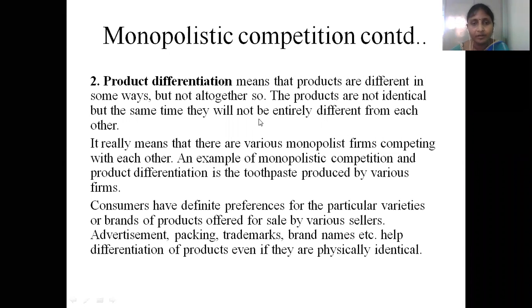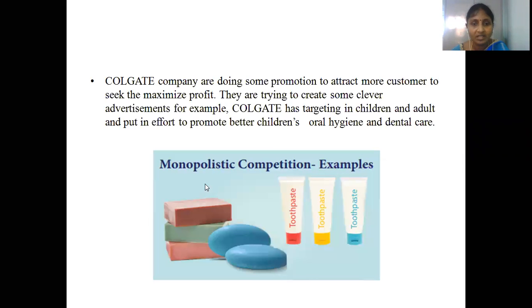If you take toothpaste, we have a number of toothpastes in the market. All are for the same purpose, but each one is different in small variations, maybe in color, packaging, or flavors. These are the minute differences in the commodities. We saw that in the last class.